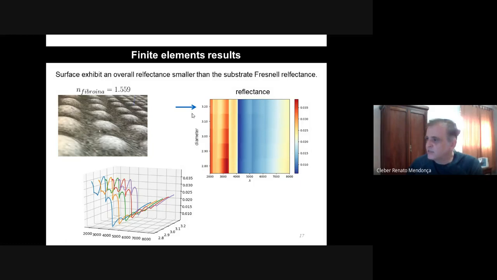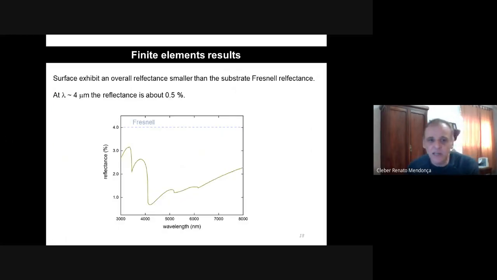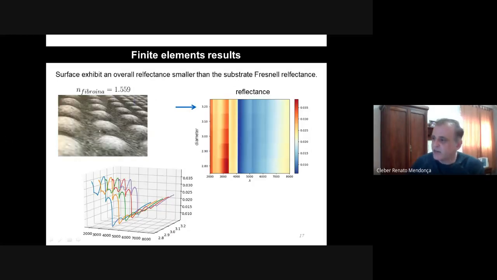As you can see, we have a decrease in the reflection, which goes to a smaller value at about 4 microns. If we now take a look at that profile, here I'm plotting this profile.